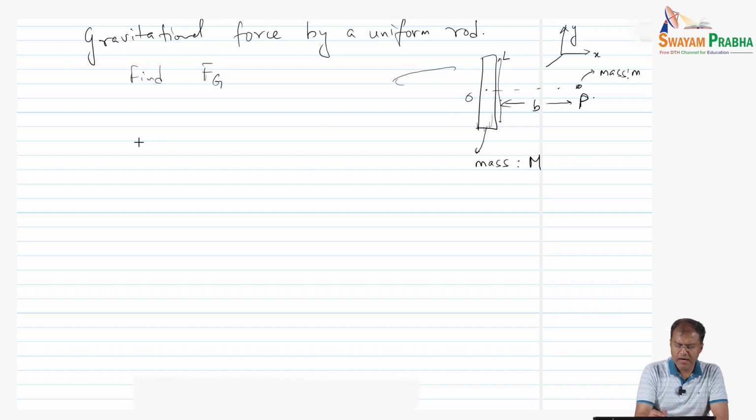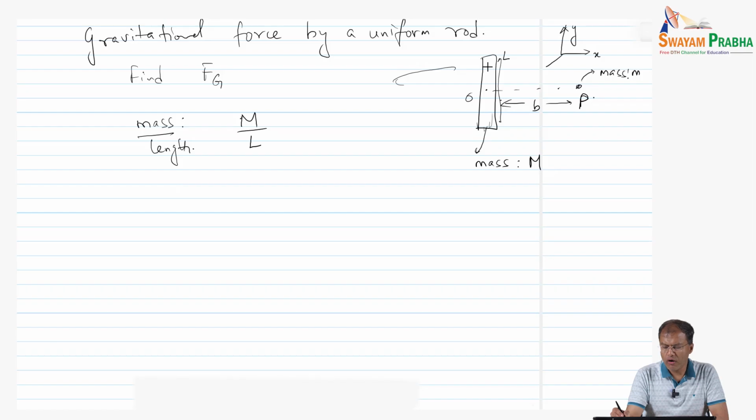So let us say that the rod has a mass capital M, and let us say the mass per unit length of the rod is going to be capital M over L, right?